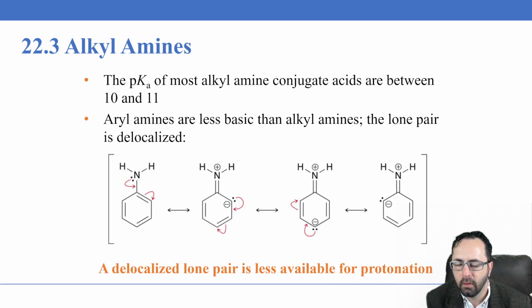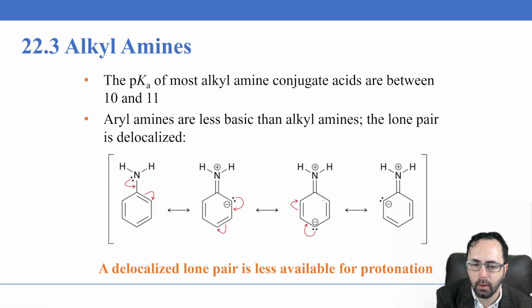So in terms of the pKa's, as I mentioned, the pKa's of the alkyl amines are around 10 or 11, but the arylamines will be less basic due to their lone pair being delocalized. And so again, we have an allylic lone pair here, and we get this resonance structure.